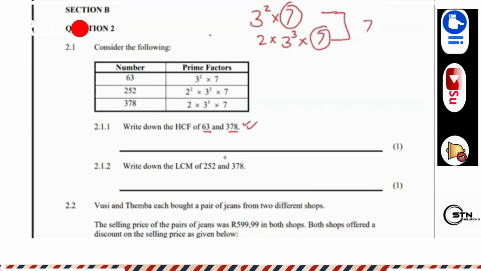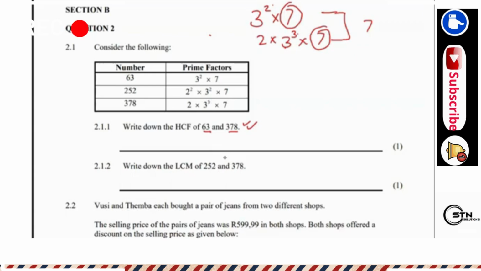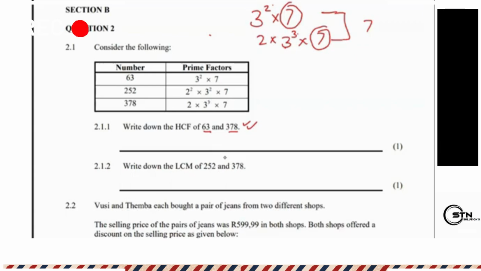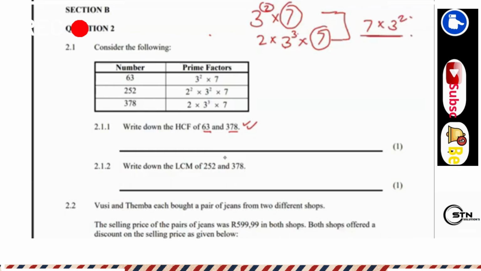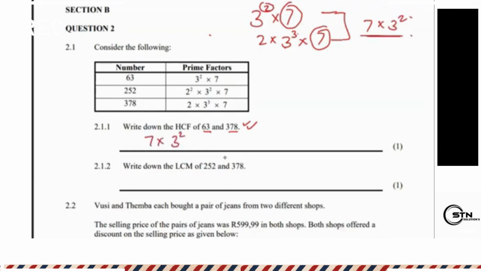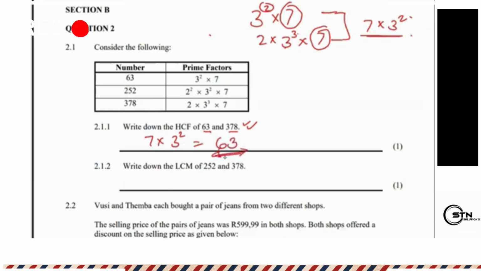Then I'm seeing a 3 squared, then I'm seeing a 3 cubed. So with the HCF, I always take the 3 with the smallest exponent, which is 3 squared. So my HCF is going to be 7 times 3 squared, which is 7 times 9, which gives us 63. Okay, so that is our HCF.